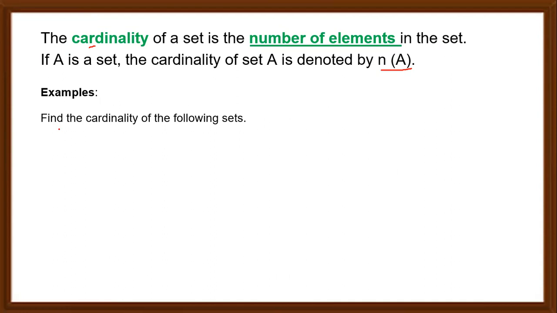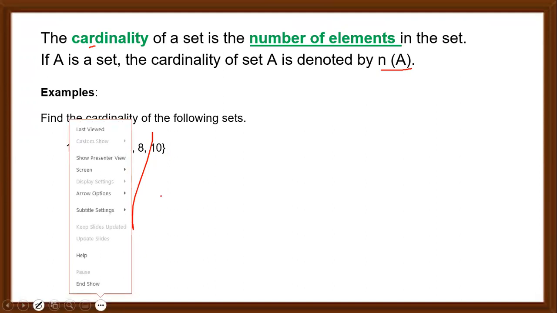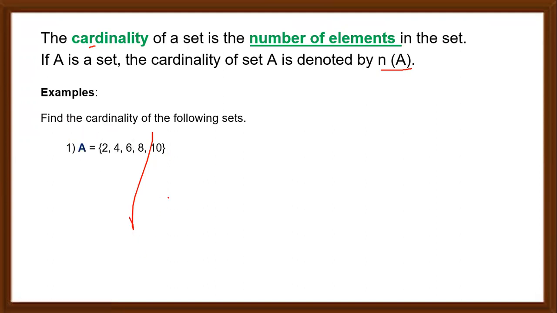Let's have example. Find the cardinality of the following sets. We have this. Set A, I have here, the elements are 2, 4, 6, 8, 10. Okay? Kung mapapansin natin, balikan natin yung way ng writing of elements. This is a roster method. Remember, naka-roster method po siya. So, bibilangin natin ngayon yung elements niya.